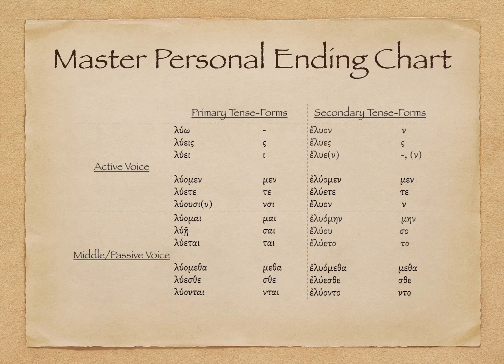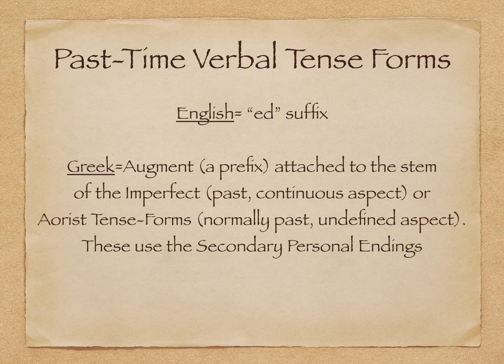Want to bring this up again, the master personal ending chart. This you have memorized by now, and you'll see these secondary tense forms with the aorist, because along with the imperfect that we just looked at in the previous chapter, it is a past tense form, generally speaking.